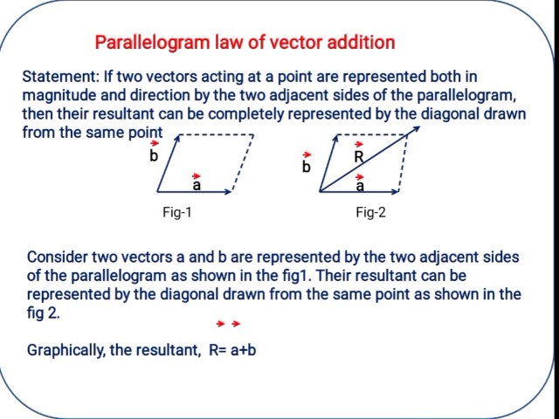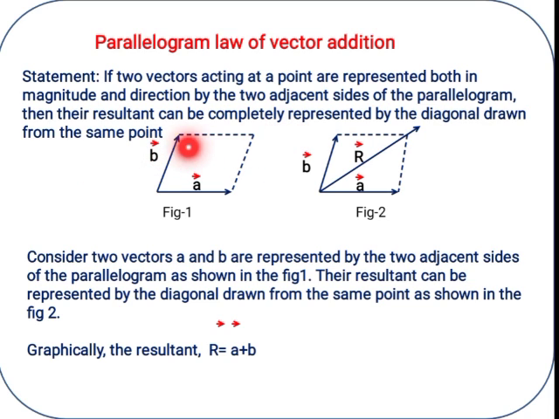Another method is the parallelogram law of vector addition. Statement: if two vectors acting at a point are represented both in magnitude and direction by the two adjacent sides of a parallelogram, then their resultant can be completely represented by the diagonal drawn from the same point.